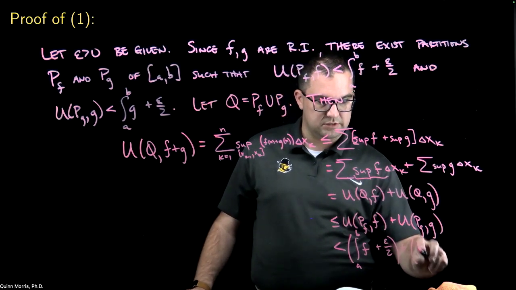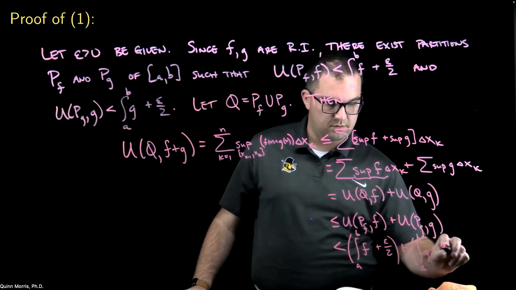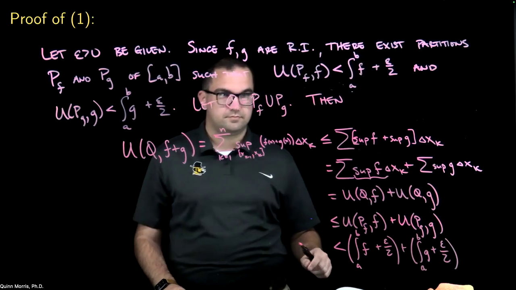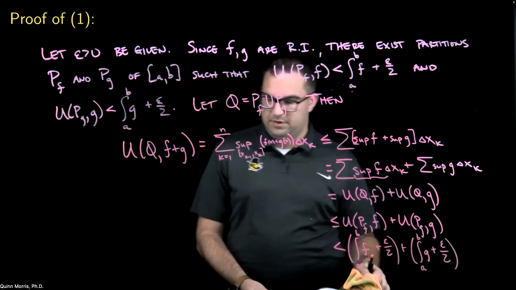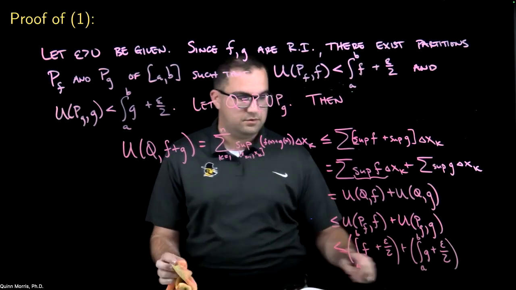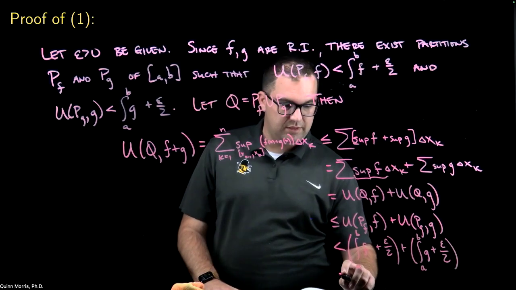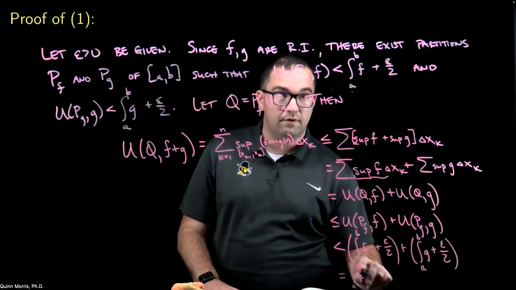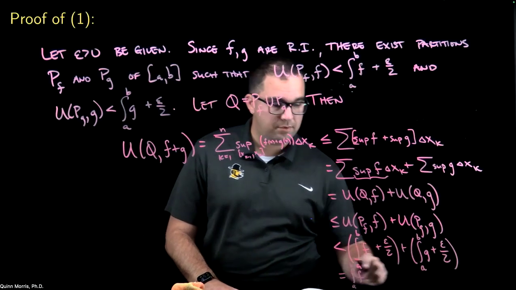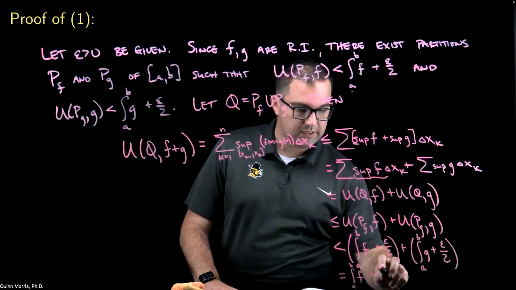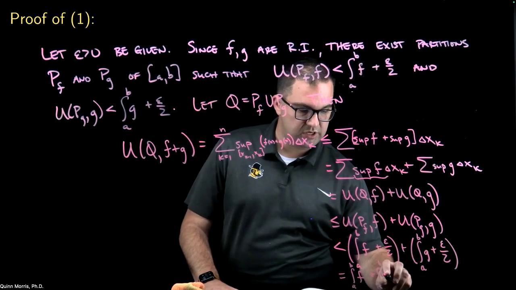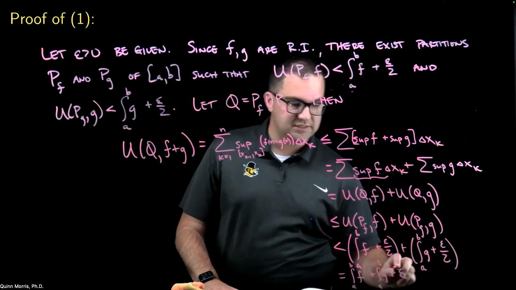I chose this so that this was strictly less than the integral from a to b of g plus epsilon over 2. And now, and I know I'm getting close to the bottom here, I'll be mindful of that, but this is just the integral from a to b of f. Make sure that all picks up. Plus the integral from a to b of g plus epsilon.